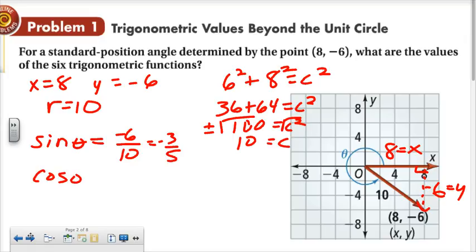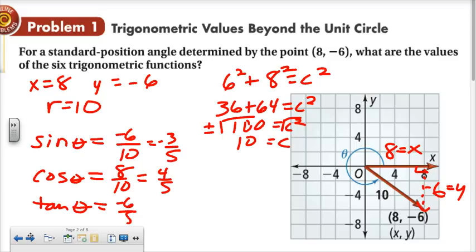The cosine of theta is going to be x over r, which is 8/10, which is 4/5. Then the tangent of theta, determined by that ordered pair of (8, -6), is going to be y over x, or -6/8. So these are all the formulas from the previous page.